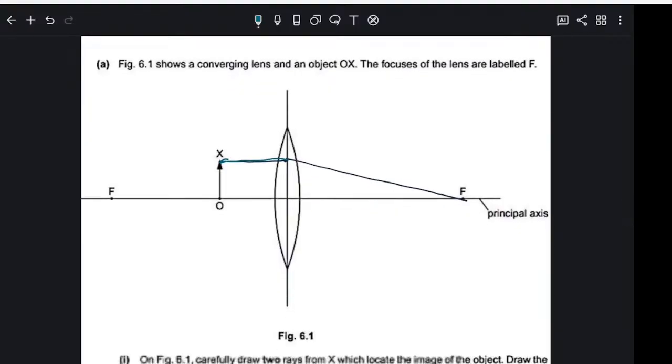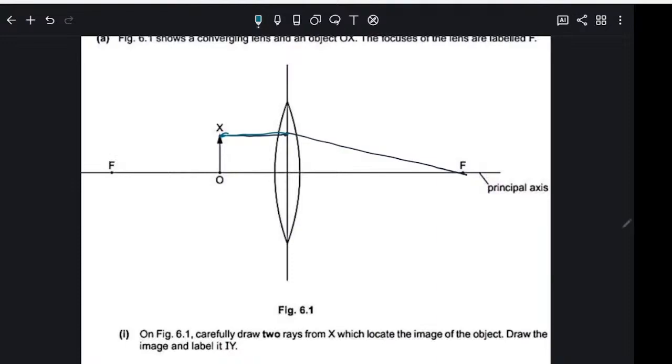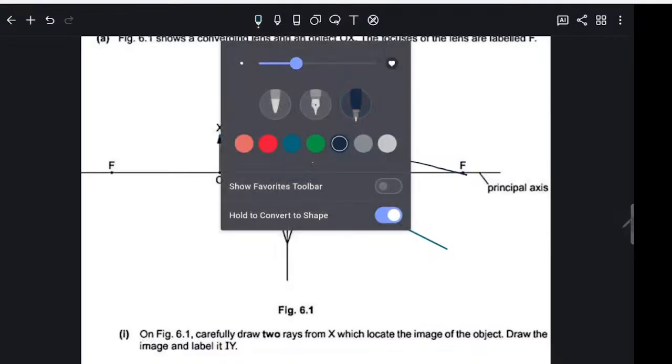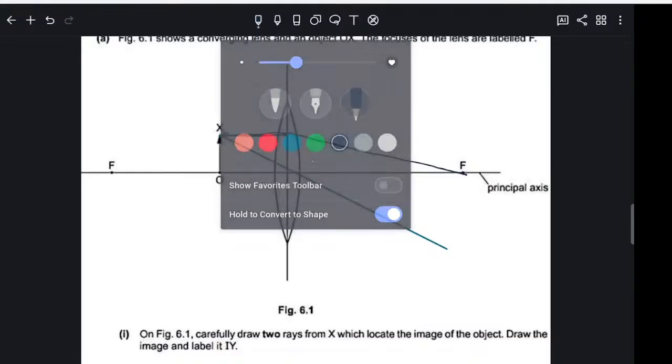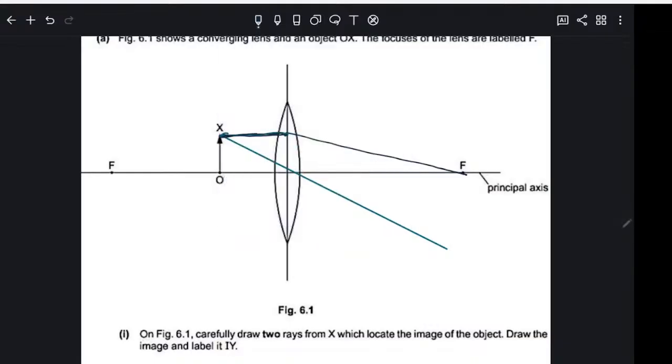So now what you do, we will now move back if rays don't meet like this, because the rays you use are only 2. One which goes parallel from the top of the object, gets to the center, then bends to go to the focal point. Or this one. What you'll be having is 2 rays that don't meet, so you plot them backwards.